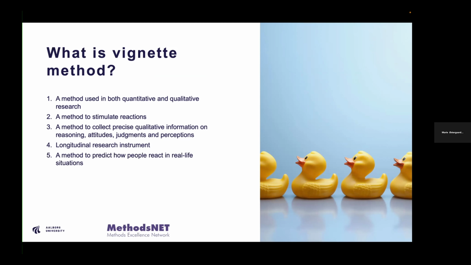This is an important discussion, and you can say the quality criterion of the construction of the vignette is really to what degree the situation you describe mirrors real life events.